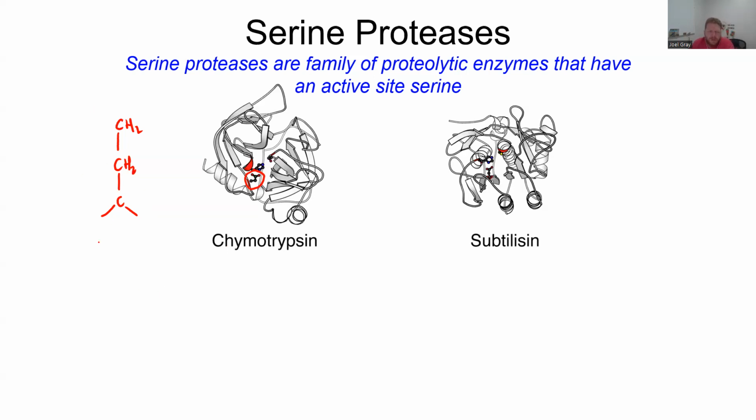So I've got X and X, two identical atoms. What could they be? Could they be nitrogens? Well, I didn't really see any amino acids that had a carbon and then two nitrogens coming off of them.